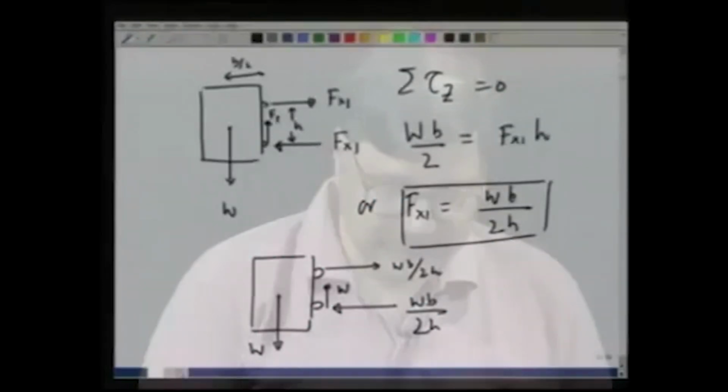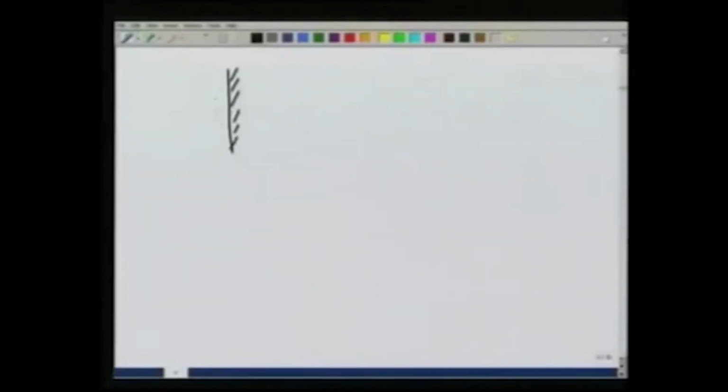How about the supports themselves? If I look at the support, this is the wall, this is one support, this is the other support. This support, the upper support, is pulling the gate in by a force F x 1, which is W B over 2 H, and therefore, the gate must be pulling, by Newton's third law, the support in this direction with W B over 2 H.